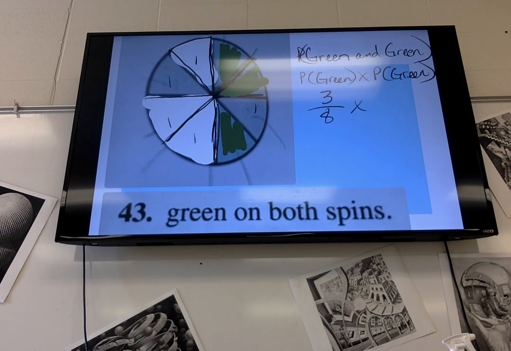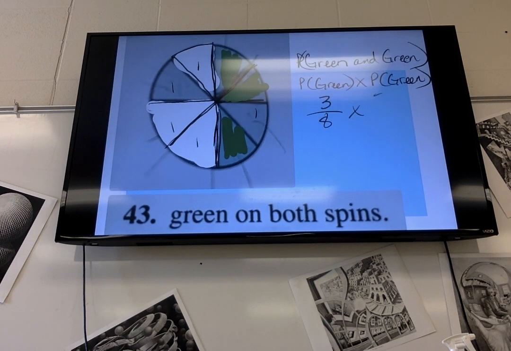And so times green again, so it's still 3 out of 8. That will not reduce. Alexia, when you multiply it, what do you get? 9 over 64. Yes, good. 3 times 3 is 9. 8 times 8 is 64.